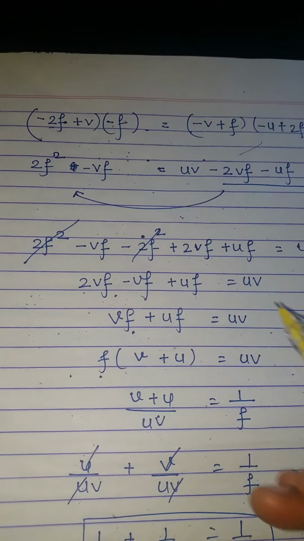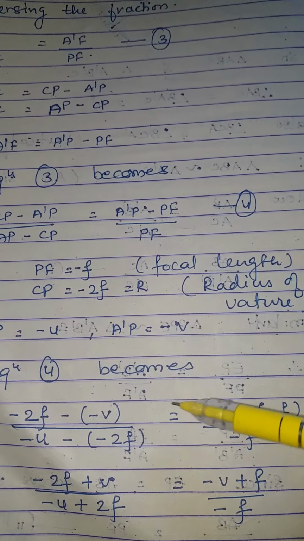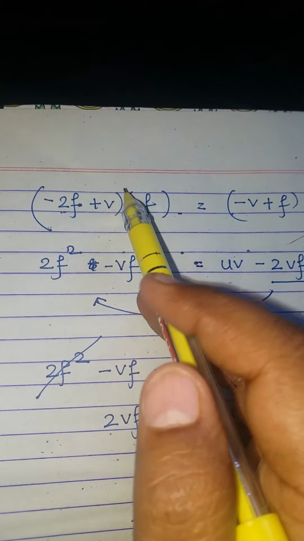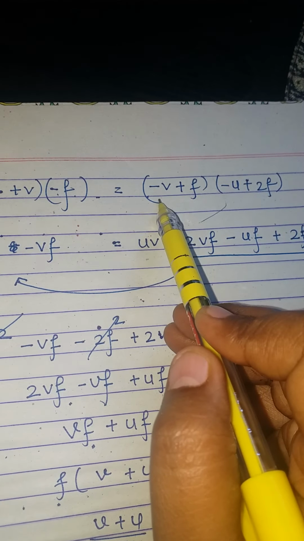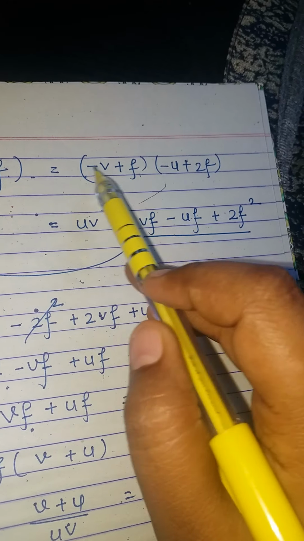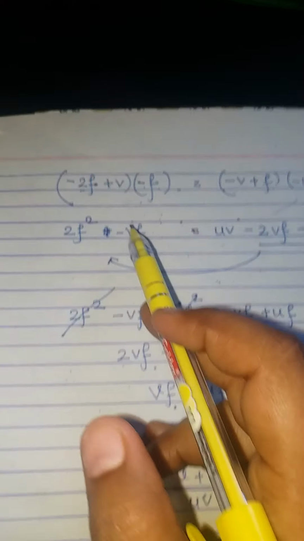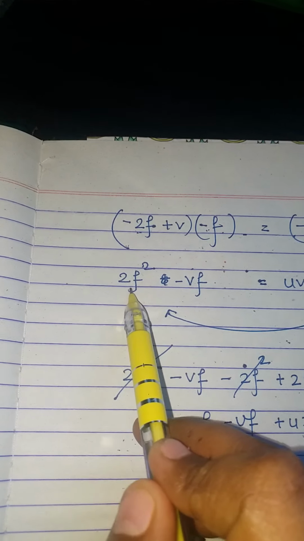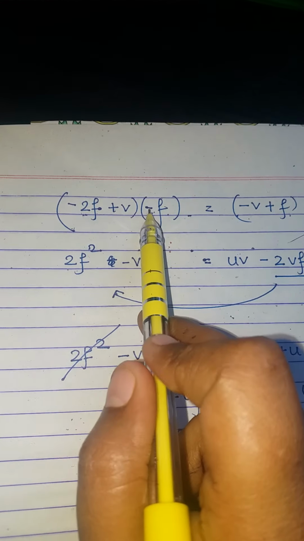Now what I am going to do, I'll take the cross multiplication over here. So I get minus 2f plus v into minus f is equal to minus v plus f bracket into minus u plus 2f. Open the bracket. What will you get? Minus 2f into minus f is equal to 2f square, because minus minus is positive, and f into f is f square.